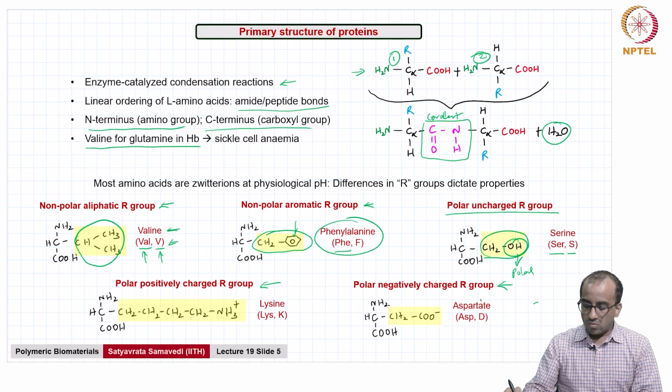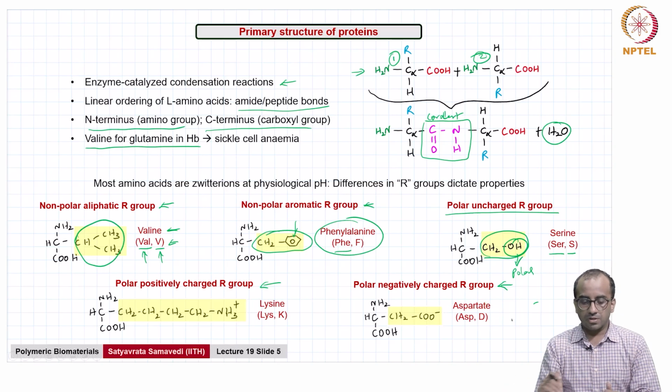So, what you see here from this description is that more than remembering the structures or the R groups of all the amino acids, what is more important is for us to understand what kind of groups we are talking about here, and under each we have looked at simply one example.